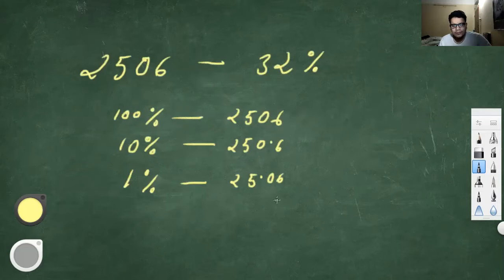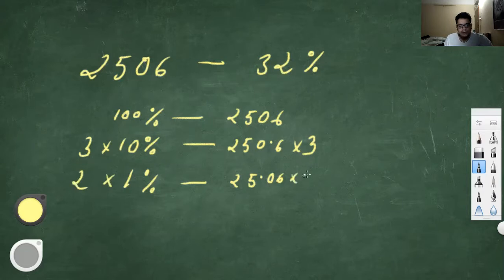Okay, we got all of them. Now, what weights will we need? So 30 I can make with 10%, right? 3 times 10%, so it's going to be 250.6 into 3. And for 2% I can take 1% weights, so 2 into 1%, so 25.06 into 2.